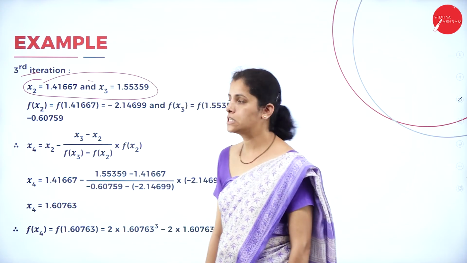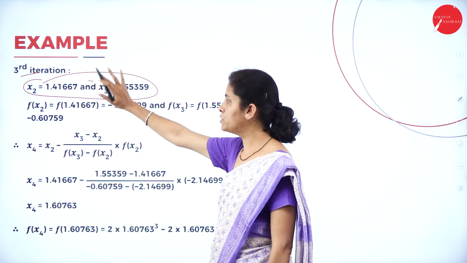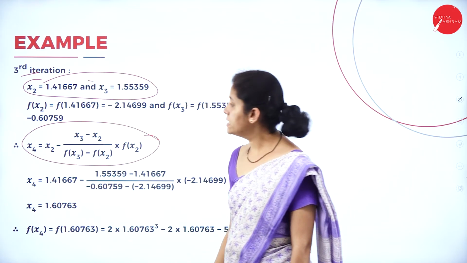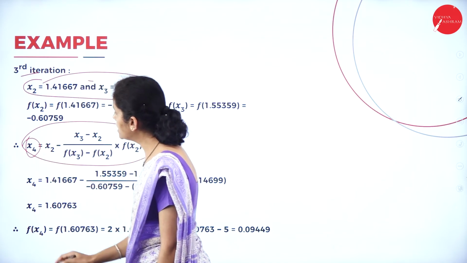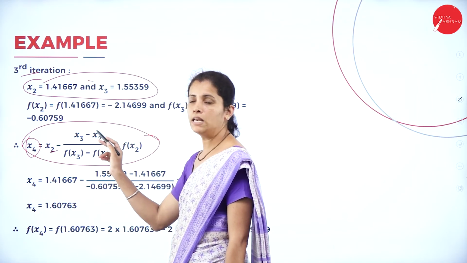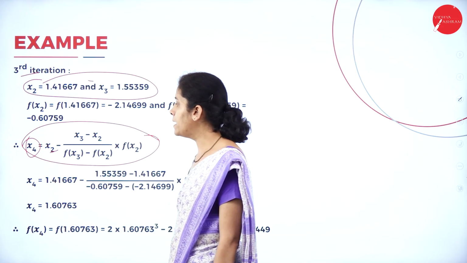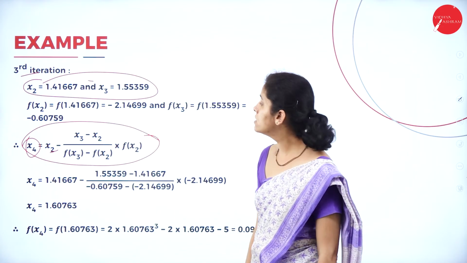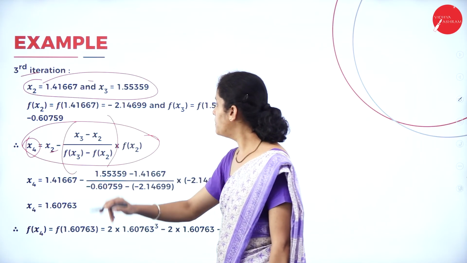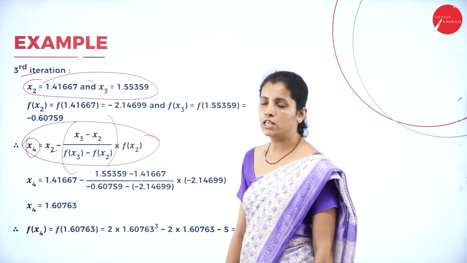Okay, fine. In my third iteration, I'm just going to swap the value and I have my x2 and I have my x3. Now I'm going to substitute all these values in this formula. See here, it is x4. When it is x4, it is x3 minus (x3 minus x2) divided by (f of x3 minus f of x2), whole multiplied by f of x3.